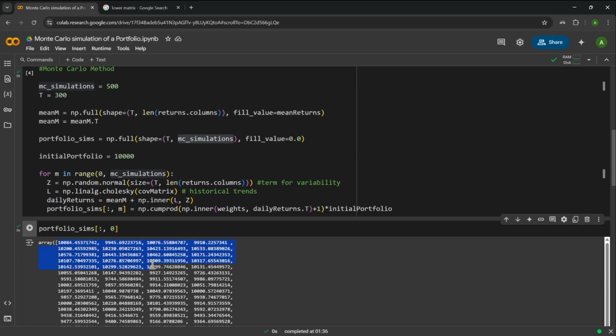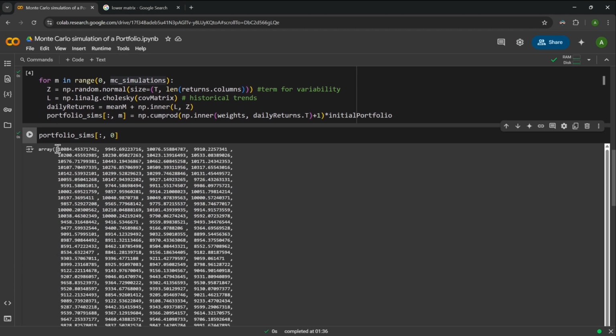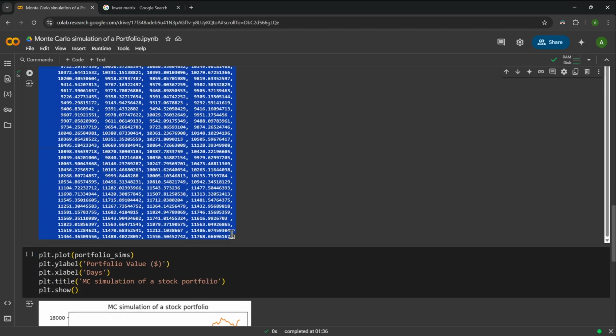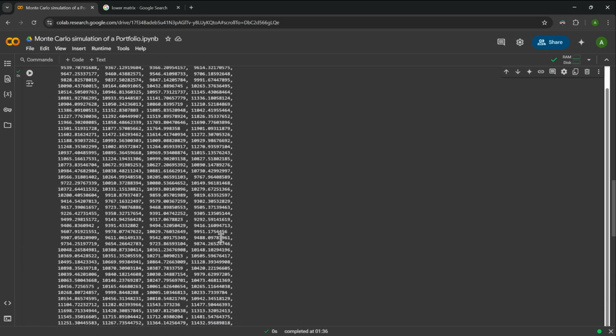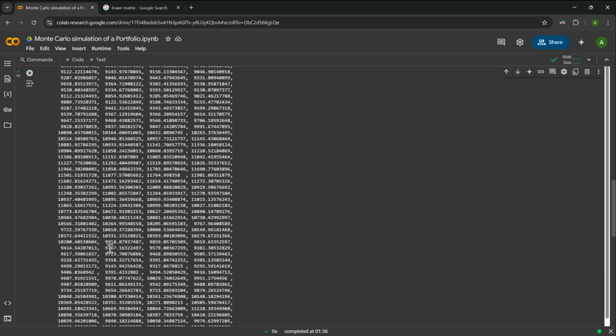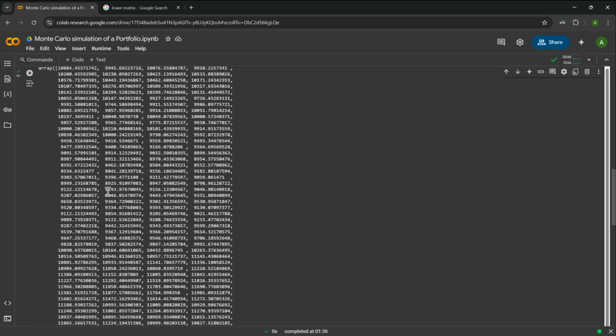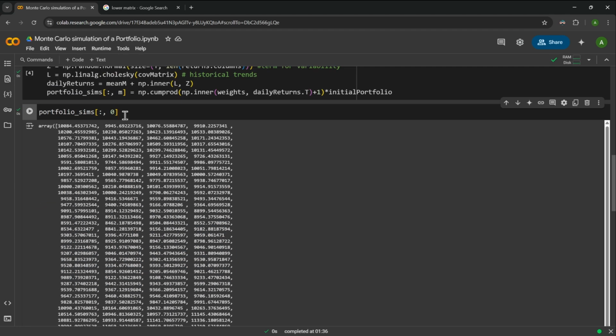Now what we're doing is, for one particular simulation, for the next 300 days, these are going to be the values. Turns out at the end, we are ending at a profit of, let's say, 1,768 rupees or something. You can see that sometimes it's going below 10,000, sometimes it's above 10,000. So we can introduce variability and get the values.